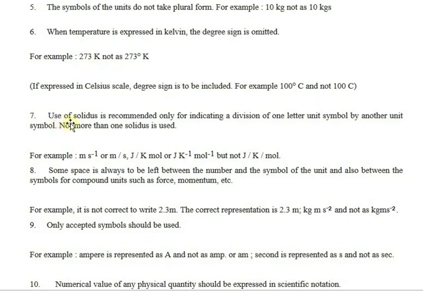Number 7. Use of solidus is recommended only for indicating a division of one letter unit symbol by another unit symbol. Not more than one solidus is used. For example, m s-1 or m/s, J/K mole or J per K mole, but not as J per K per mole.